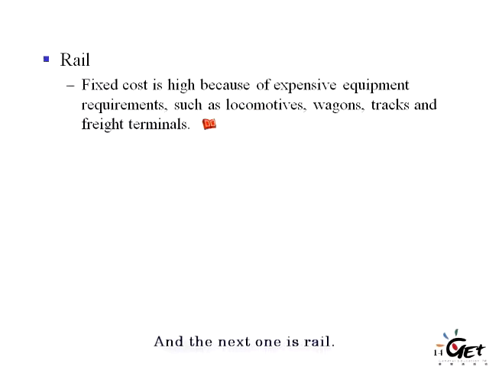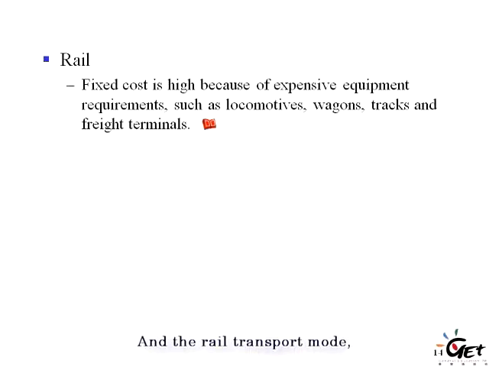And the next one is rail. Typically, we might have the experience of taking a train to travel from our hometown to other cities. But the railway also has freight transport services, not just passenger transport services.